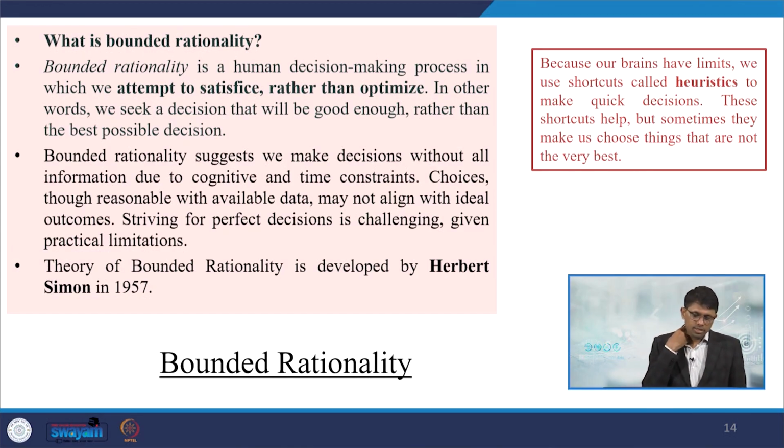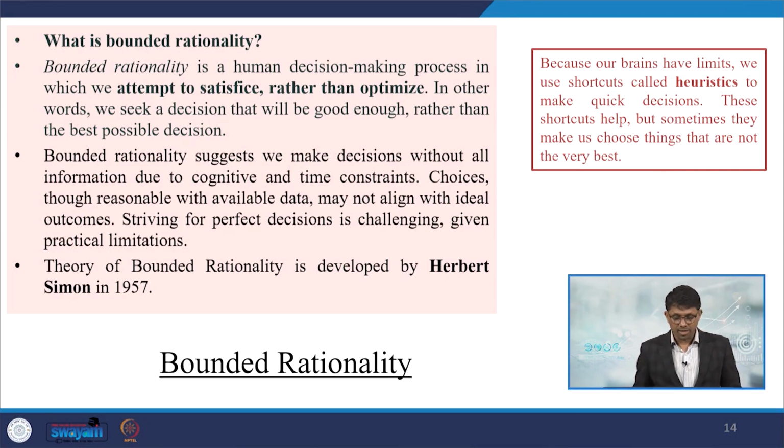In other words, we seek a decision that is good enough rather than the best possible, and therefore most choice functions are just satisficing in nature, not attaining the bounded optimum level.